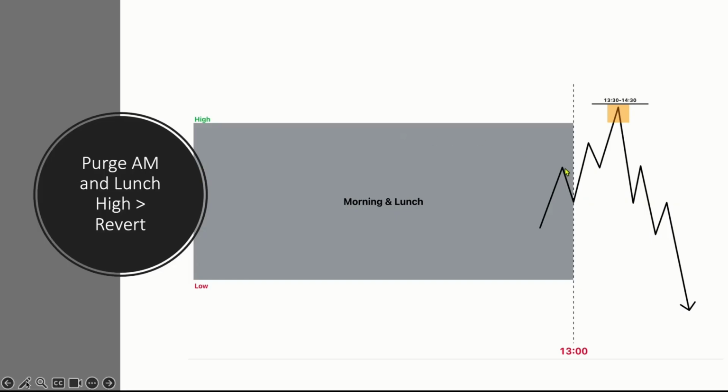Then the first PM cycle will trade above the lunch cycle's high, purge the buy side liquidity above there during 1:30 to 2:30, and from there on form a smart money reversal to distribute lower if price is drawn towards a key sell side objective on the higher time frame.